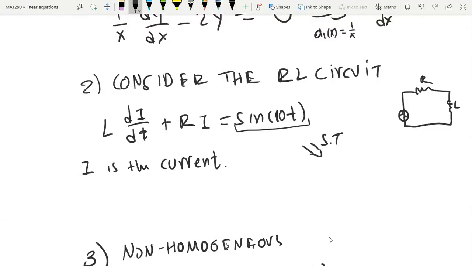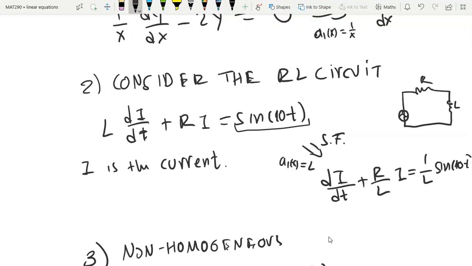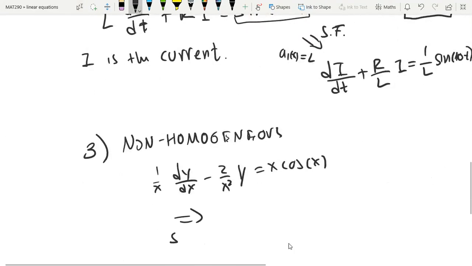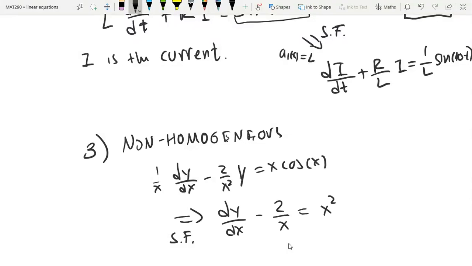Here a1(x) is the constant L, the inductor. So we get dI/dt plus R over L times I equal to 1 over L sine 10t. And here we have dy/dx minus 2 over x times y equal to x squared cosine of x.